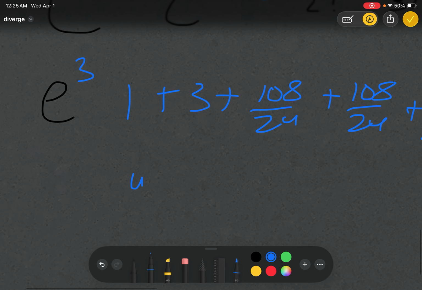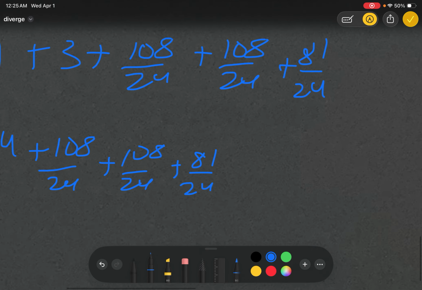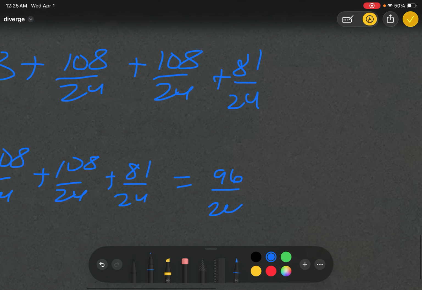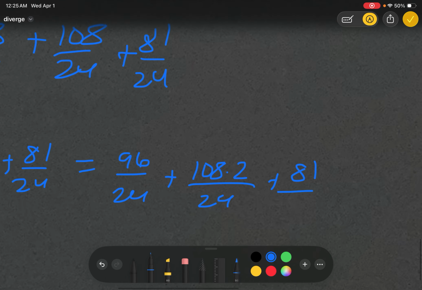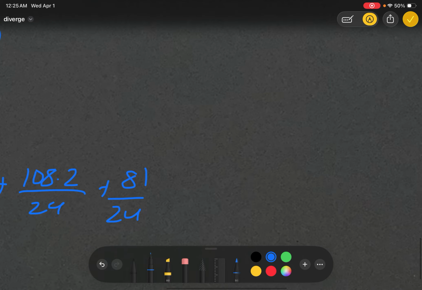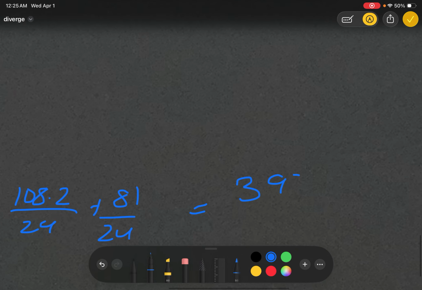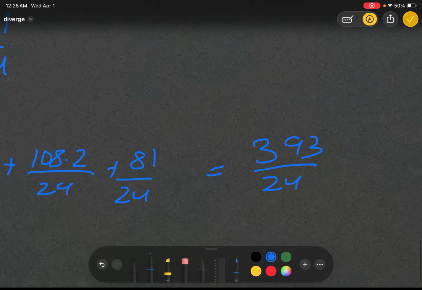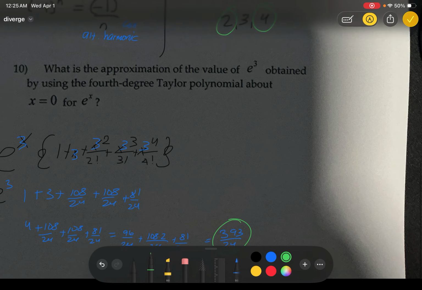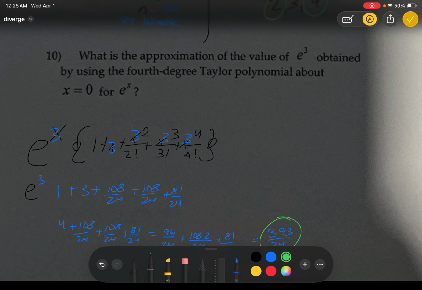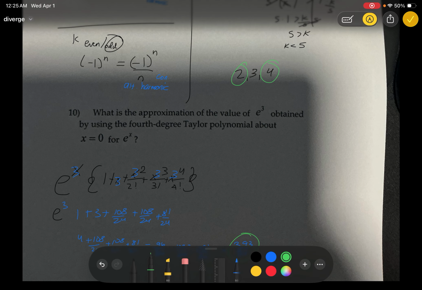Simplified, that's going to be 4 plus 108 over 24 plus 108 over 24 plus 81 over 24, which equals 96 over 24 plus 108 times 2 over 24 plus 81 over 24. Simplify that, that's just going to be 393 over 24. I hope you don't have to simplify this for a test, but Mr. Rodriguez put this as a mixed number. I calculated both numbers and they gave me the same answer, so it should be right. This concludes questions 9 and 10.